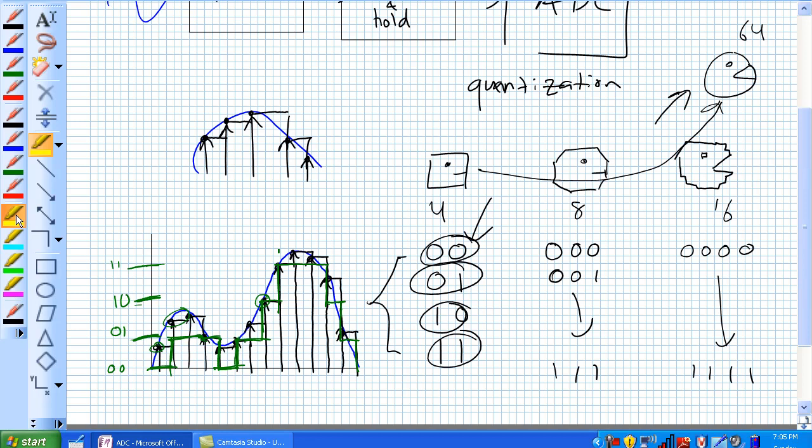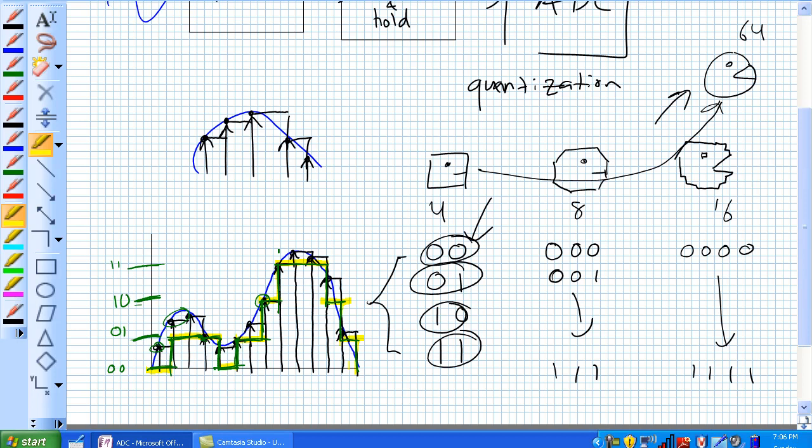What's represented, our digitization of this, our quantized digital value, is our green. And I know it's kind of messy right there, but our blue is our original analog signal. But I'm going to go ahead and take my yellow highlighter, and our digital representation of our blue is that right there, which kind of looks like our blue.